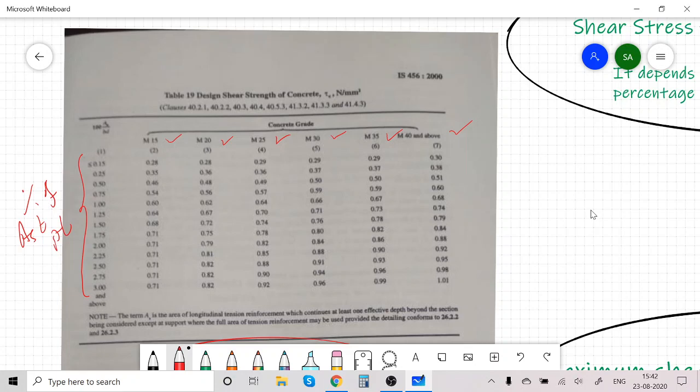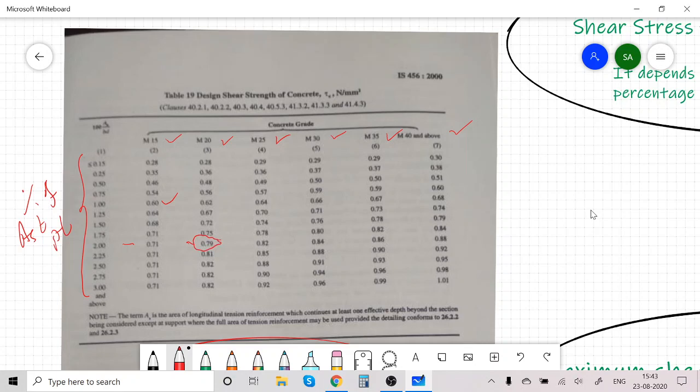Suppose for M15 grade concrete and pt is 1%, the value of tau c is 0.6, or for M20 grade concrete and percentage of steel is say 2%, the value of tau c is 0.79.